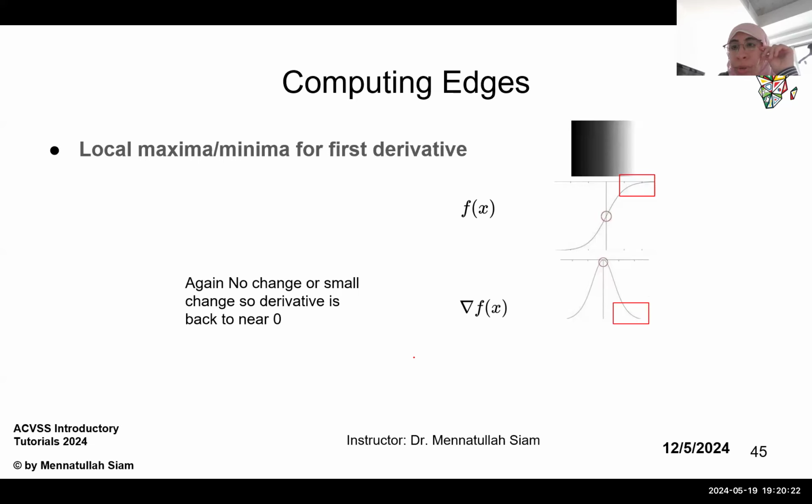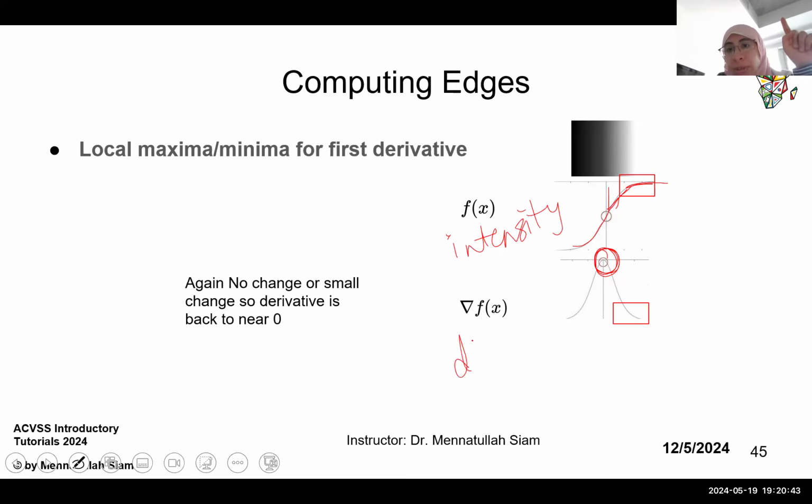We're going to keep increasing until, you see here, it starts to plateau. So the rate of change increased until it reached that step. This here is the intensity, and this here is the derivative. When it starts to plateau, the change is decreasing, right?